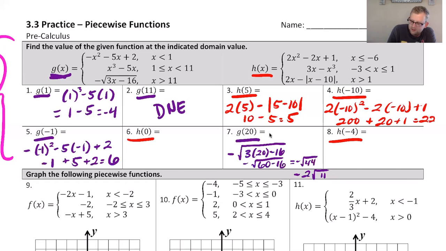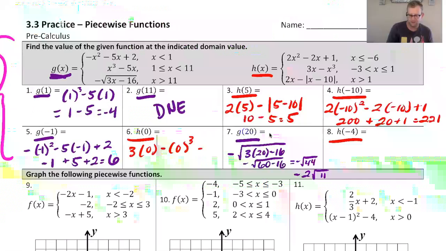So that is 221 is the result there. All right. h of 0. So where does 0 fall? It looks like 0 falls in, yep, that middle one. It's between negative 3 and positive 1. So if I plug in 0 to 3x, I get 0. So 3 times 0 is 0. Minus 0 cubed, so you get 0.